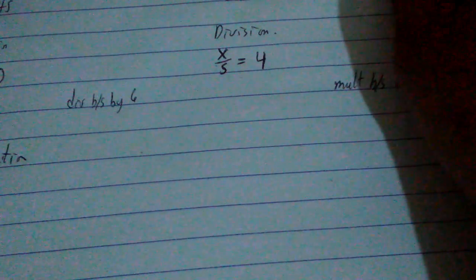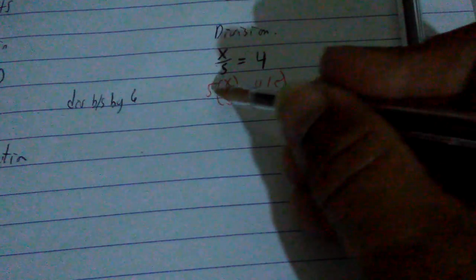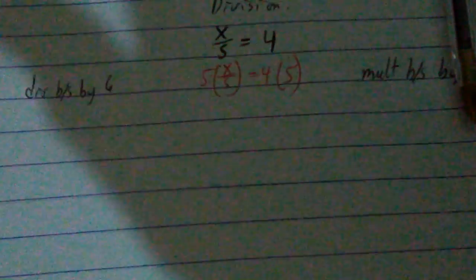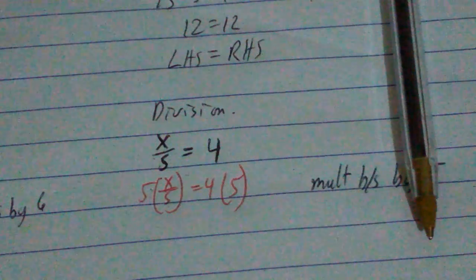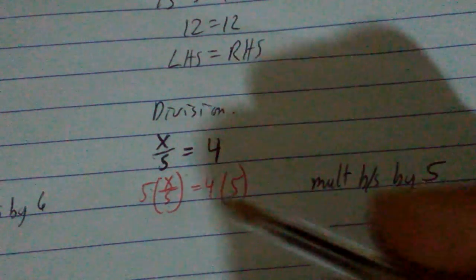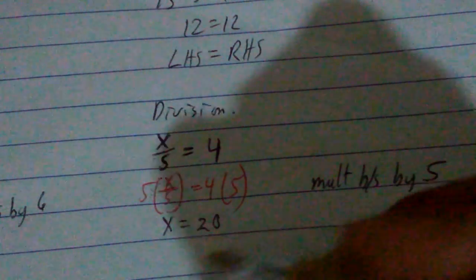And why 5? Because that's the value which is below the x. So we put x over 5 times 5 equals 4 times 5. These 5's will cancel with each other. Expand that a little bit. Those will cancel with each other, and that will give us x equals 20.